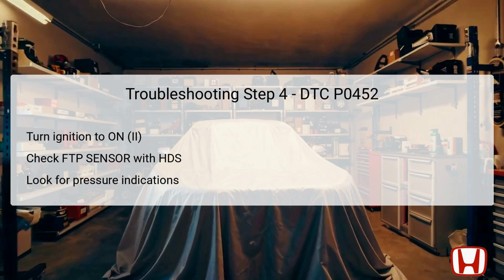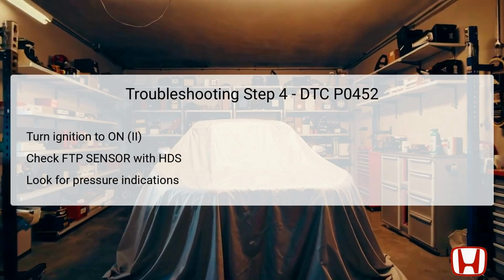With the fuel fill cap removed, turn the ignition switch back to the on position or press the engine start-stop button to enter the on mode again. Utilize the HDS to assess the FTP sensor within the data list. At this point, you will be looking for specific pressure indications that should be about -7.3 kilopascals, -2.16 inHg, -55 mmHg, or a voltage reading of 0.3 volts or less.